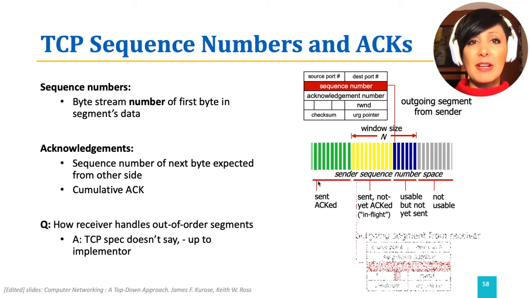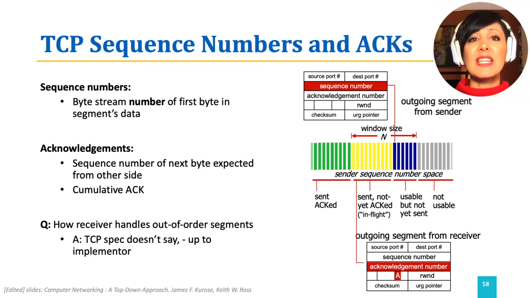Acknowledgements coming from the receiver include the sequence number of the next byte expected from the receiver side and contain cumulative ACK for received segments. TCP RFCs do not specify handling of out-of-order segments, and it is up to the implementer to decide what to do.